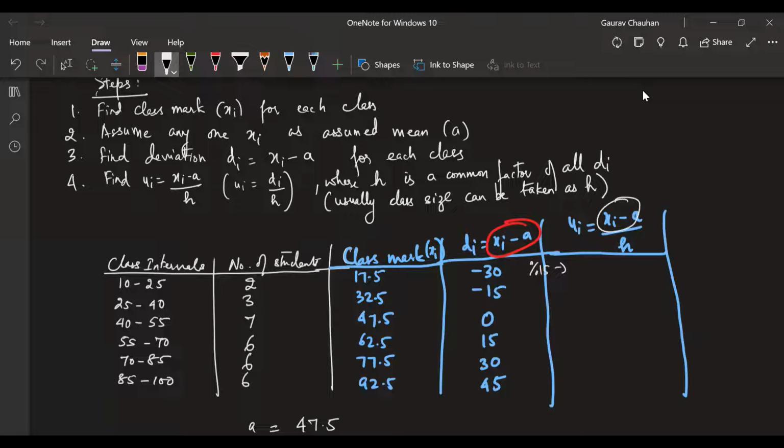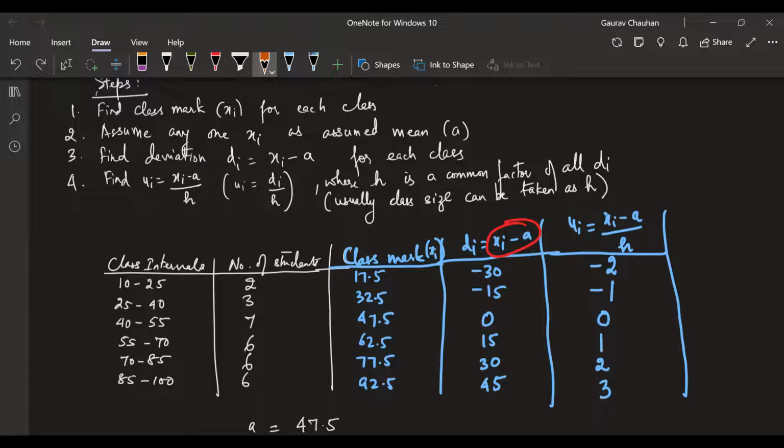As I do it, minus 30 by 15 will give me minus 2, minus 15 by 15 will give me minus 1, 0 by 15 will give me 0, 15 by 15 will give me 1, 30 by 15 will give me 2, and 45 by 15 will give me 3. Now this division is very easy because 15 is already the common factor for all of these things.